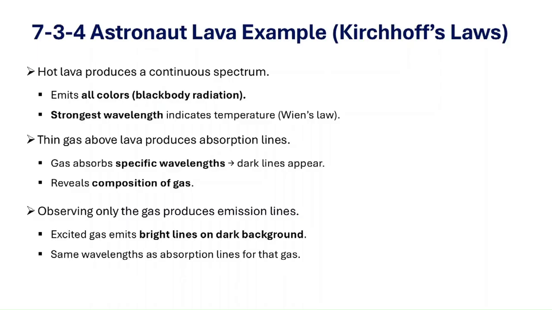So this lava example shows all three of Kirchhoff's laws in one scene. Lava itself gives a continuous spectrum, lava plus gas gives an absorption spectrum, and gas alone gives an emission spectrum. And the same principle applies to stars, nebulae, and galaxies. So that's how astronomers use spectra to decode the universe.